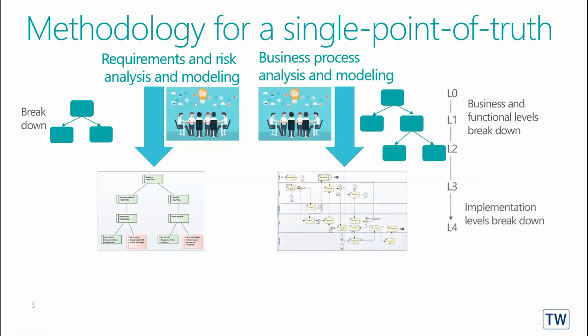Then it starts on the implementation level. This might be level 3 or 4 with a breakdown on high and deeper process levels, where IT helps to perform specific functionality.